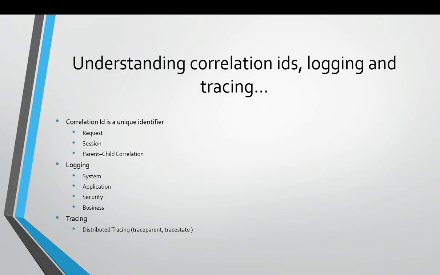So let's talk about one of the most important topics in enterprise integration, which is observability, and the three key components that I already mentioned: correlation ID, logging, and tracing. The correlation ID is a unique identifier assigned to every transaction or request that flows through your system. Think of it as a tracking number for a parcel.